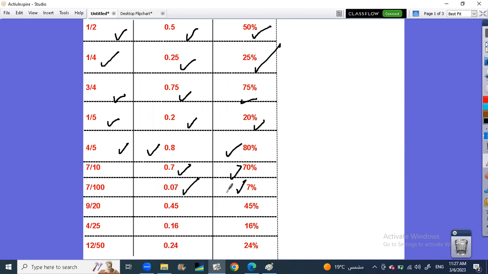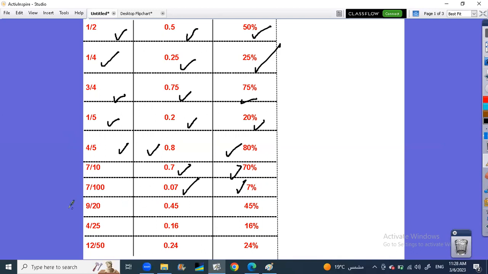Just imagine someone getting 7 out of 100 in the math exam. Do you think that is 70%? No way. It is 7%, which means 7 out of 100.